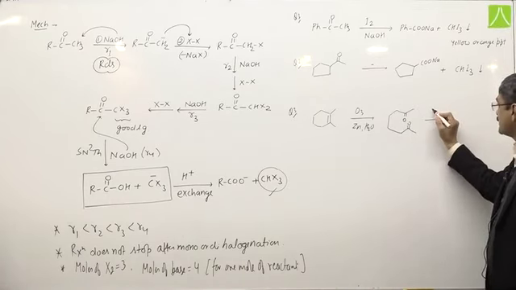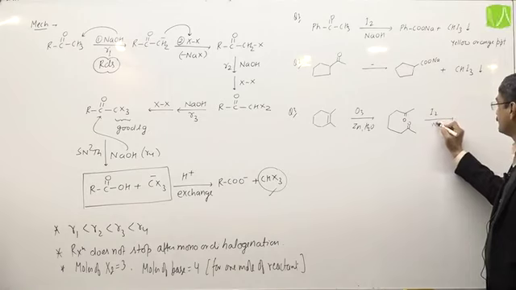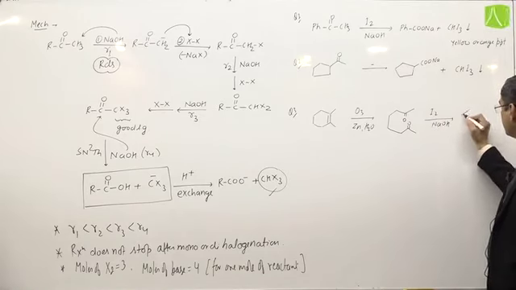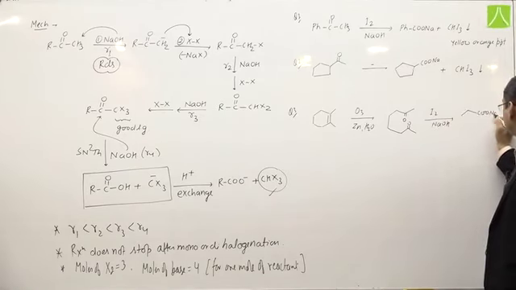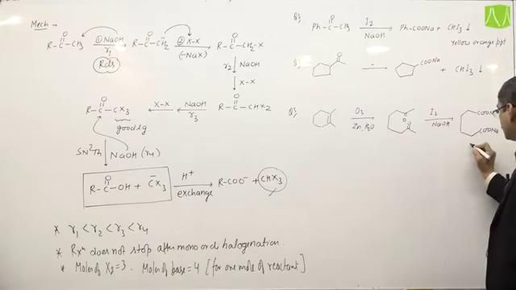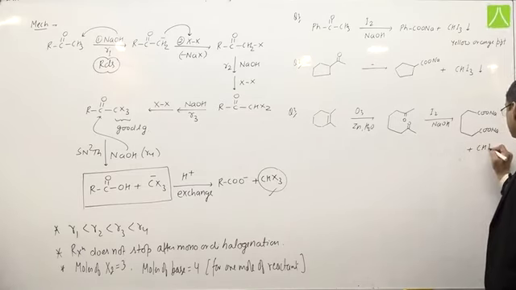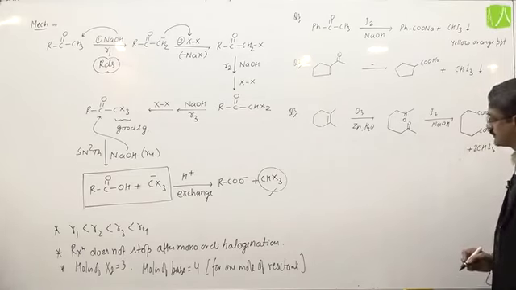So after reaction with iodine in basic medium, the product plus CHI3, two molecules.